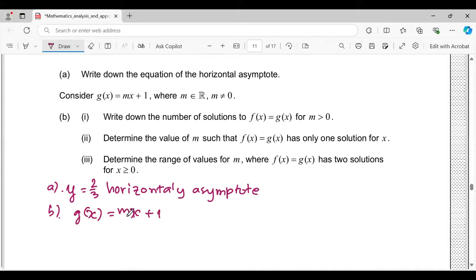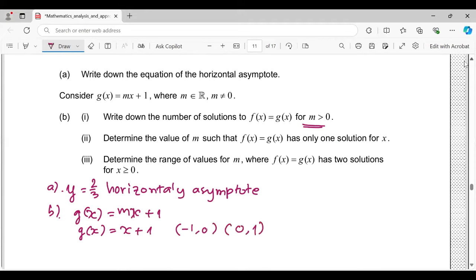For example, if m equals 1, it becomes g(x) equals x plus 1. So the intercept points will be (minus 1, 0) and (0, 1).